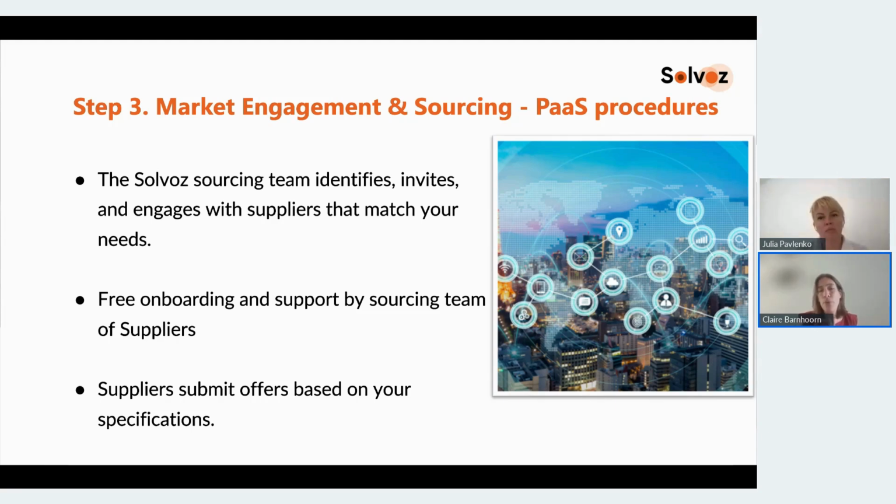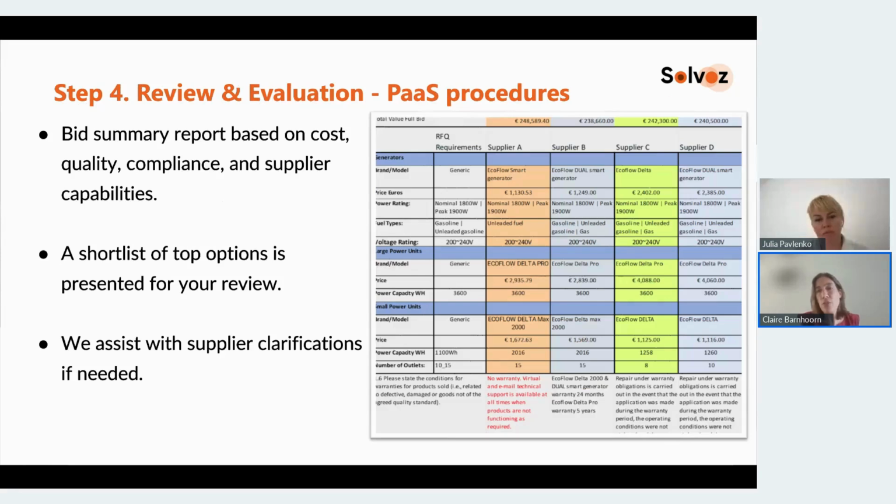So at step 4, we will run and do a review and evaluation for you. So you will get a full bid summary report based on cost, quality, compliance, supply capabilities, again, depending on the request you have phrased and requested us. There will also be a short list of top options, and we can help assist with supplier clarifications if needed.